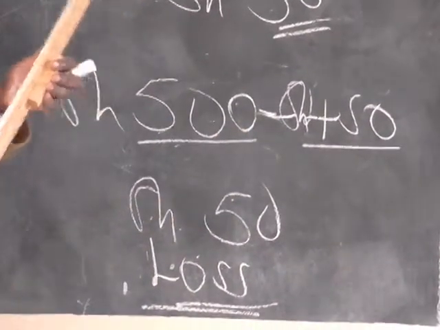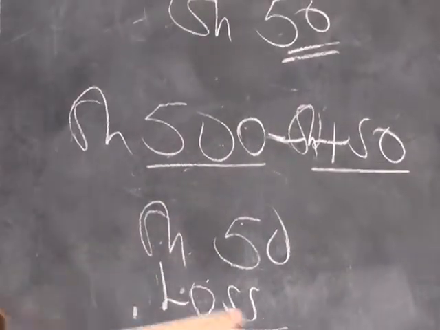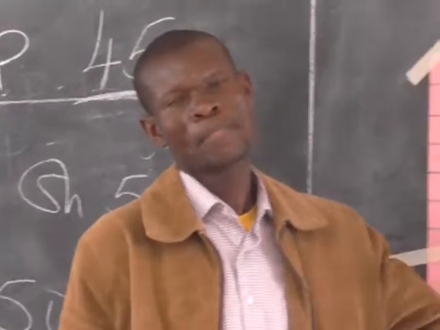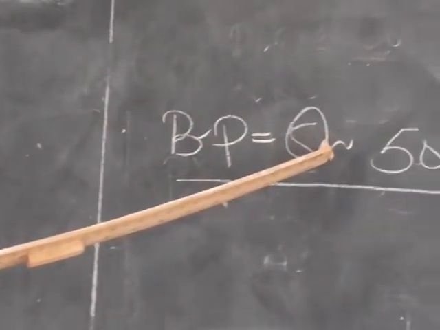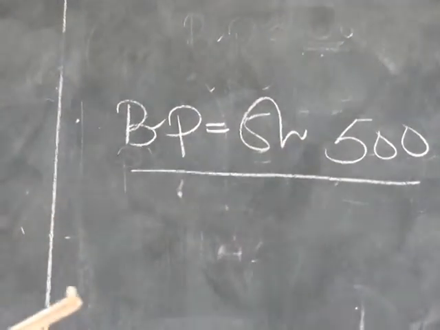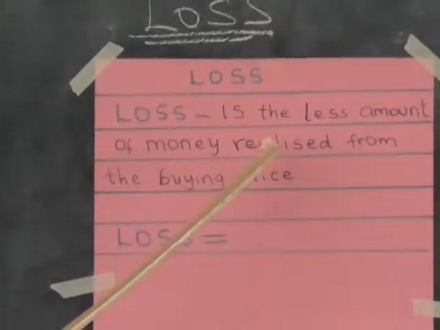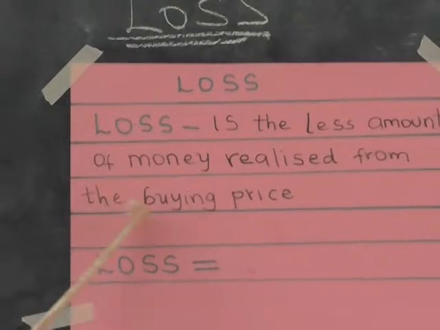So the selling price was 50 shillings less than the buying price. And that's why we say loss is the less amount of money realized from the buying price.